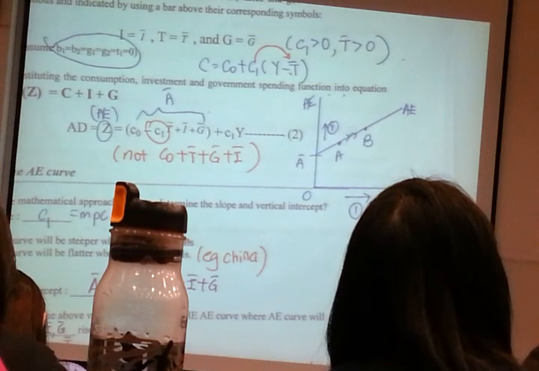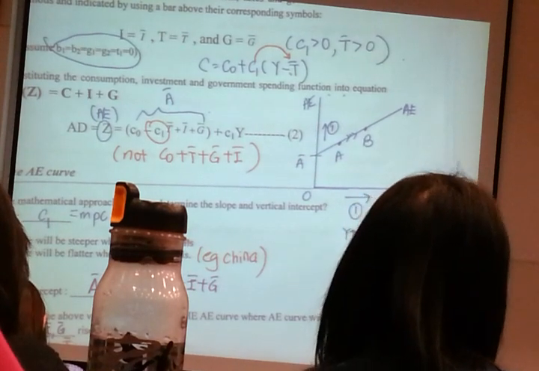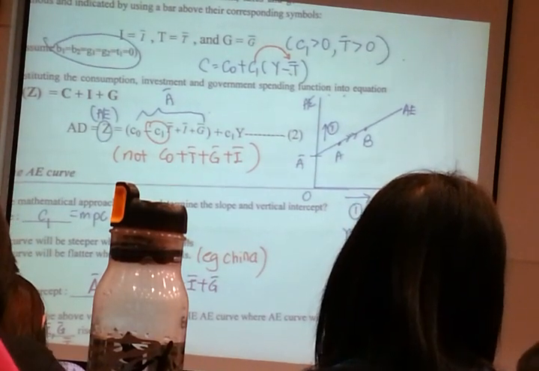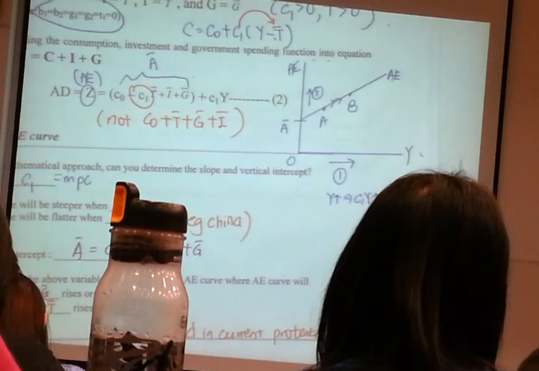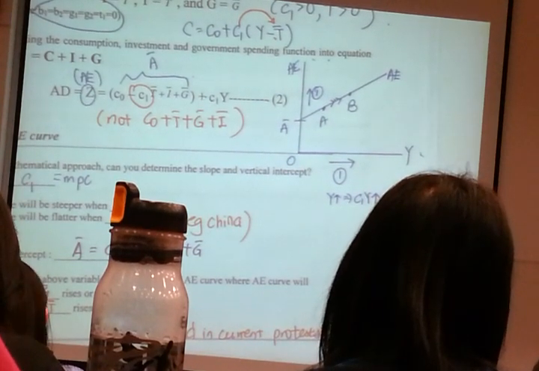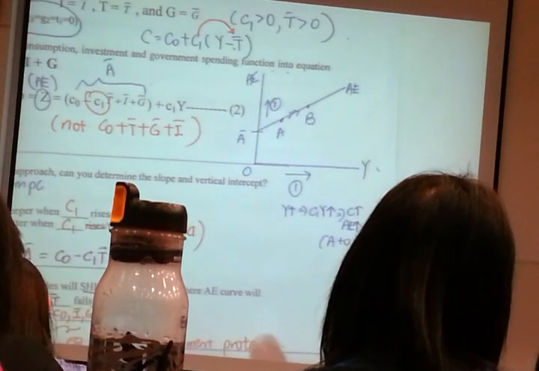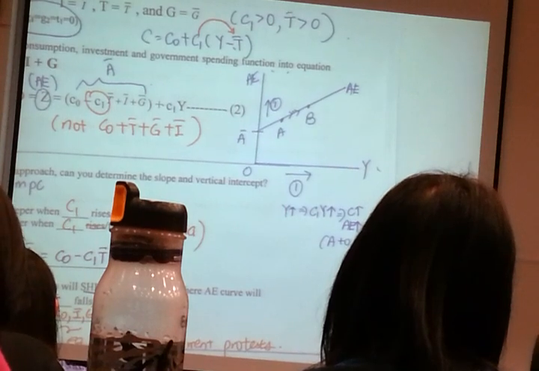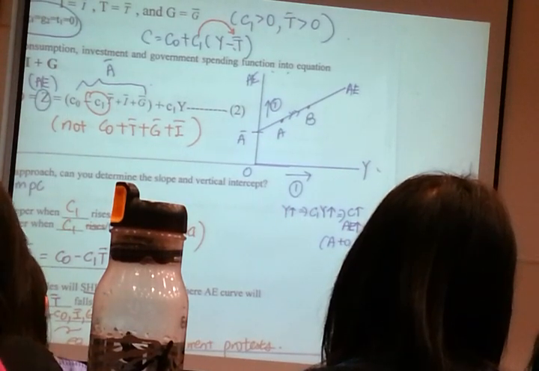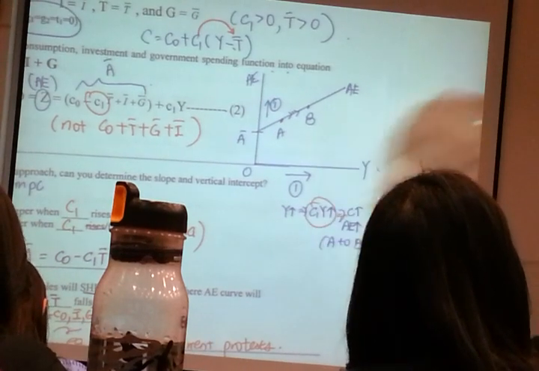Increase in income. Why did it increase AE? Because C1Y goes up. In other words, consumption goes up, AE goes up, from point A to B. So income plays a role in shaping the AE. And what was the critical element? The critical element was C1Y.